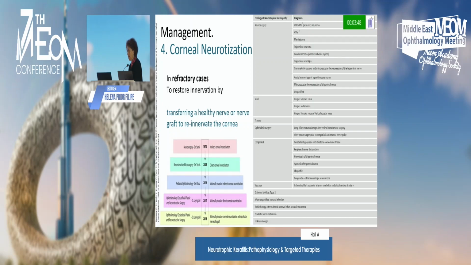And this is another and final approach that we can use, and we already have some evidence supporting this type of approach in refractory cases of this kind of disease of the cornea. It has been spoken of since 1972, as in the slide, and has a lot of possible applications in terms of the causes of neurotrophic keratopathy.